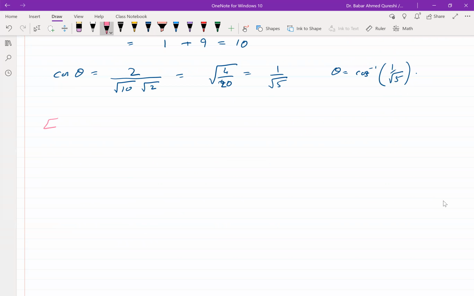Let's take another example. This time, let's consider this space of matrices.